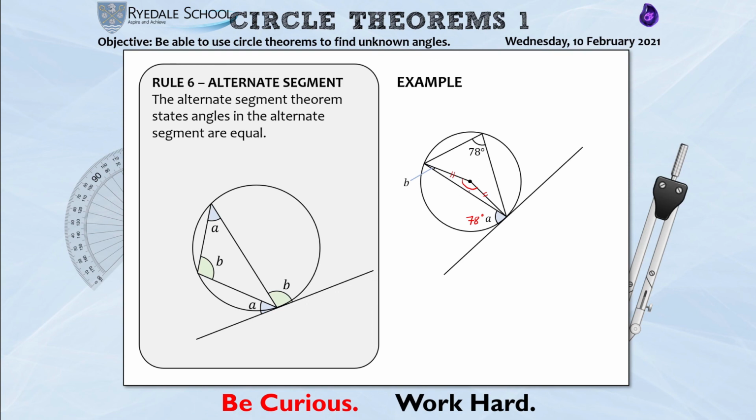However, I'm not going to do it that way because I think there's an easier way. Because this is a radius and this is a tangent, all of this angle must be 90 degrees. I can work out this tiny sliver of an angle and it will be the same as angle B. So B is just 90 subtract 78 degrees, which is 12 degrees.